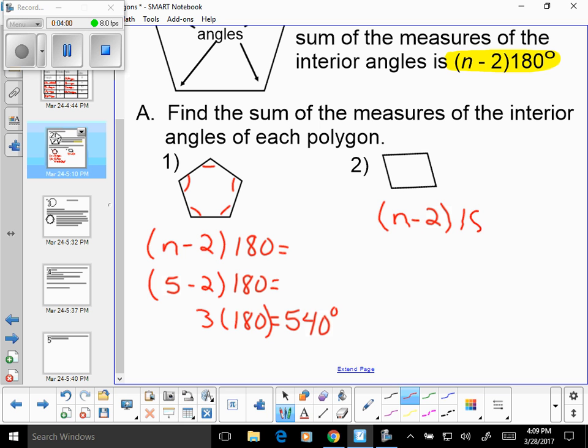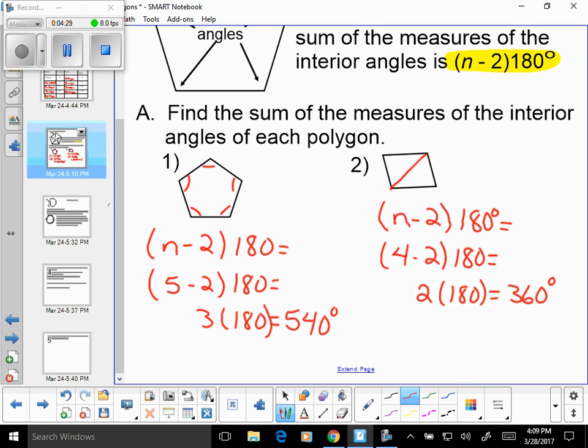N minus 2 times 180 is going to equal 4 minus 2 times 180, which is 2 times 180, which equals 360 degrees. With the idea that, yes, if I drew a diagonal here, oh, look, I've actually divided it up into 2 triangles, and 2 triangles, each having 180, would be 360.